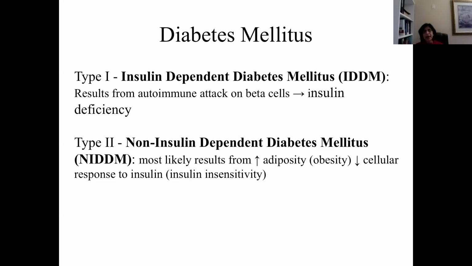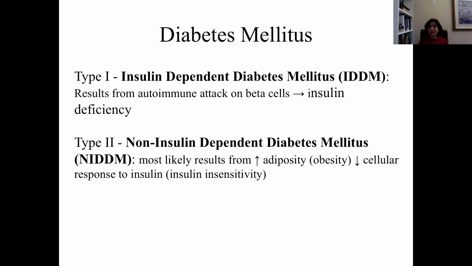So an antibody attacks one or another part within the beta cell or the beta cell itself. So the destruction of the beta cell that makes insulin. Without insulin, we will not be able to regulate glucose levels. And that's how you develop diabetes. And in here, a patient has to depend on insulin replacement.